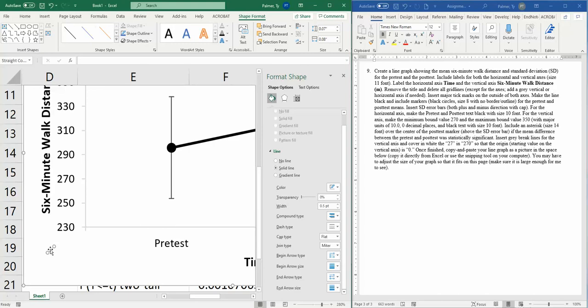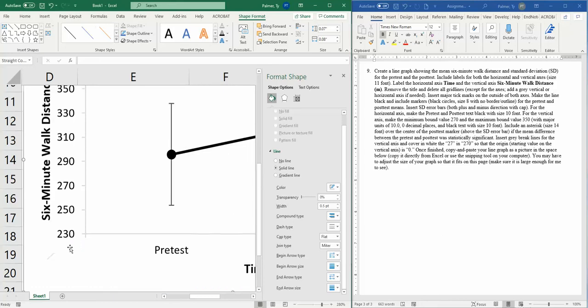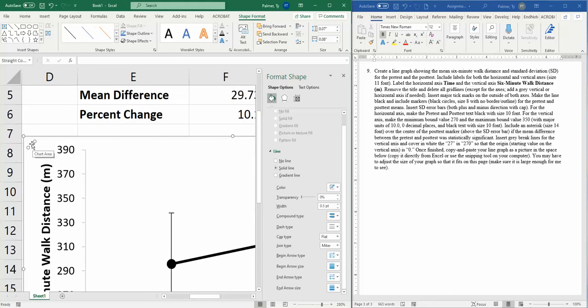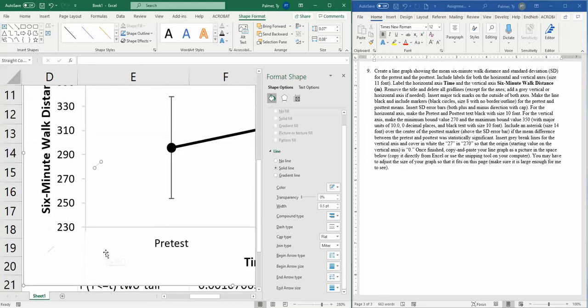Remember, with break lines, they come in pairs, and so we need to make a duplicate of the one we just created. To do that, you can copy and then paste this line. With your graph highlighted, you can do exactly what I did, and then you can paste this line back into your graph, and then you can include these break lines over here where they need to go.